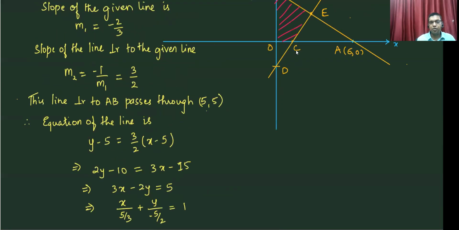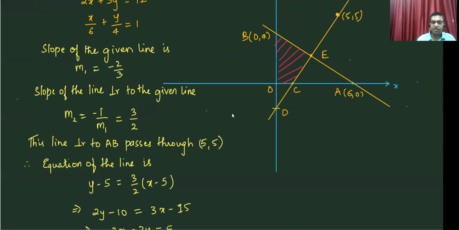All right. So you got C and D. Now let us see this. C is 5 by 3, 0 and D is 0, minus 5 by 2. This is what we got. Now I want this shaded area. One way of doing it is find the point of intersection, which we learn soon.